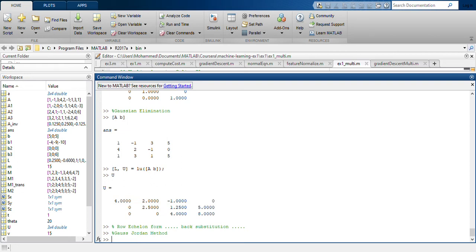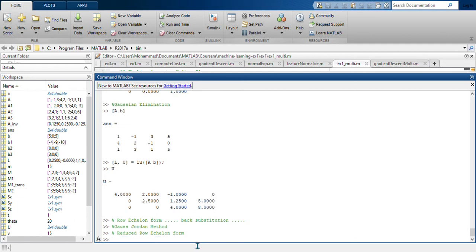And that matrix is called the reduced row echelon form, right? Rather than row echelon, it is called the reduced row echelon form. And the reduced row echelon form is what we get at the end of the Gauss-Jordan process, and the MATLAB command to get the reduced row echelon form is just the abbreviation, the acronym for this: rref, in small letters.